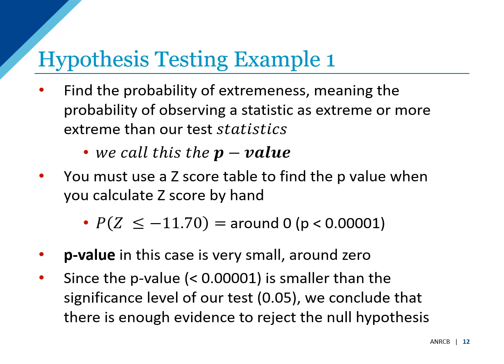Consulting a z-score table, we find that the p-value for negative 11.70 is less than 0.00001, which is certainly smaller than the significance level of our test of 0.05. So we conclude that there is enough evidence to reject the null hypothesis.